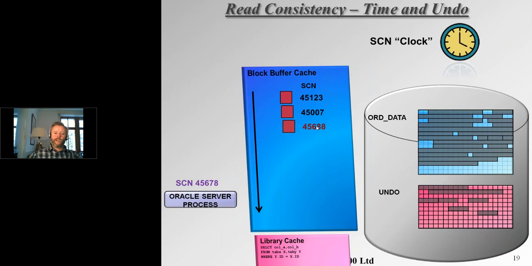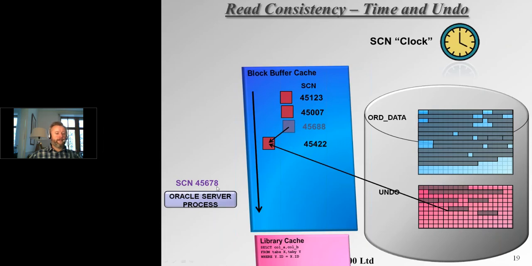Next one, 45688. This has got a later SCN. This block's been changed since your query started. Something's happened to the data. Oracle copies the block in memory, only in memory. And it then goes to the undo, gets the information about that block, and rolls it back in time. And now it's got an SCN of 45422.